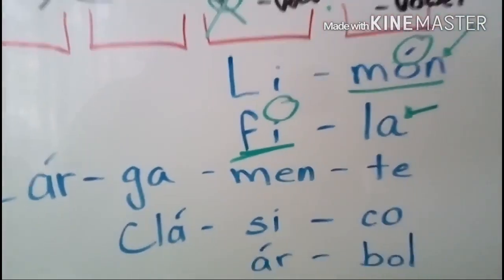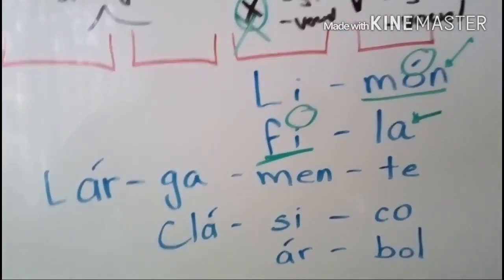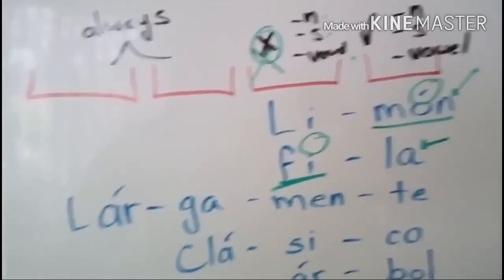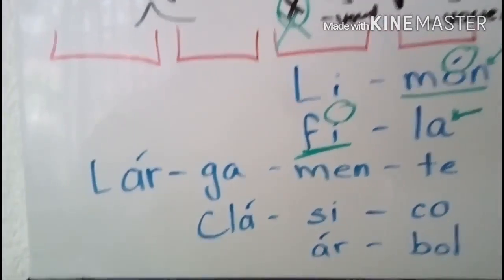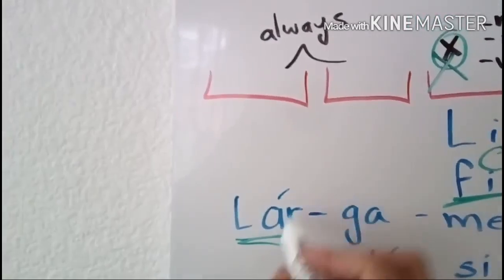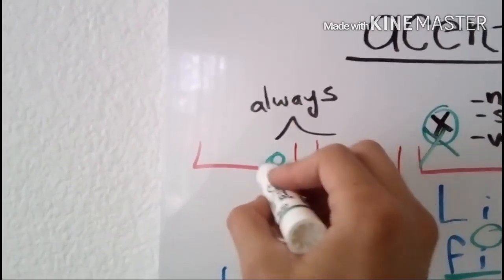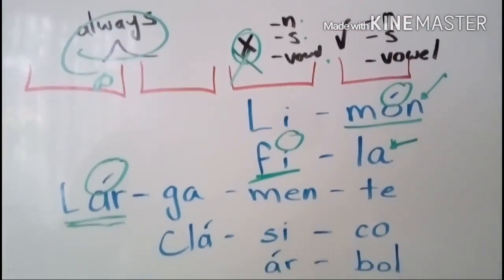The next one, largamente. It's an adverb which means largely, and the stressed sound is here, and because we know that always in this syllable, here is the accent. And then we remember the word classic, which means clásico.